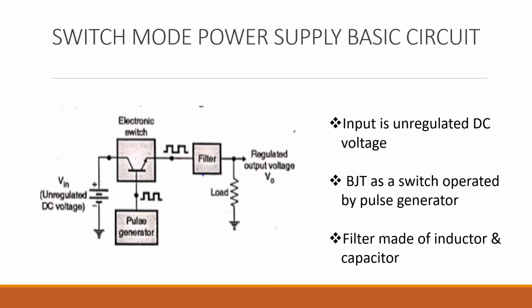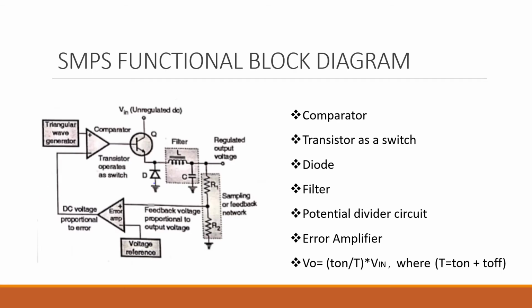Let us understand the functional block diagram of SMPS. This circuit is similar to the circuit that we have seen in previous slide, except some additional components you are observing, which are comparator, potential divider circuit, and also error amplifier.